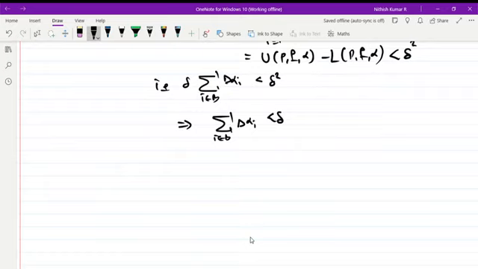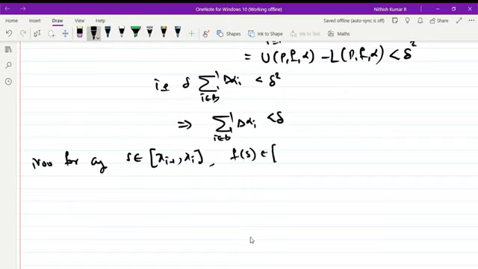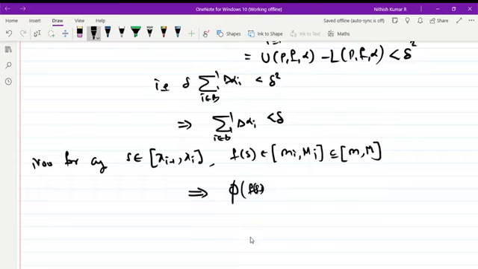Now for any s belonging to the closed interval x(i-1), xi, we have f of s belongs to the closed interval small mi, capital Mi, which is contained in the closed interval small m, capital M. Which implies modulus of phi of f of s is less than or equal to k, because k is the supremum of modulus of phi, and phi of f of s is nothing but h of s.